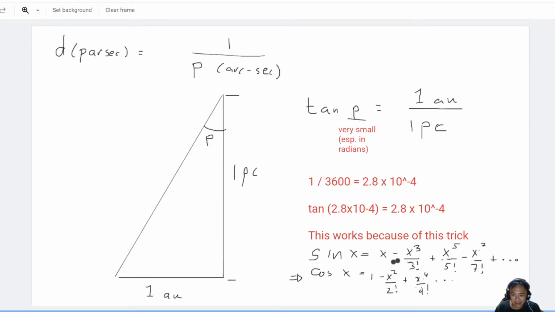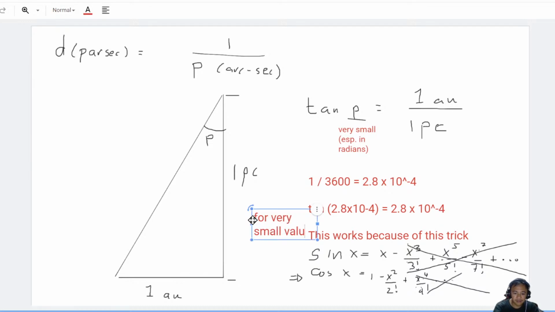The trick here is, once you get to very small values of x, sine x is basically x. All of these disappear for small values of x. Then for cosine x, for small values of x, these also disappear. You didn't know this because you're not taught this. I also don't normally see this taught to the math students in my class.